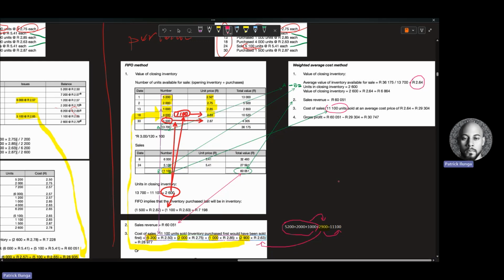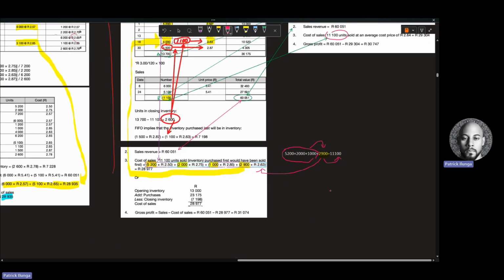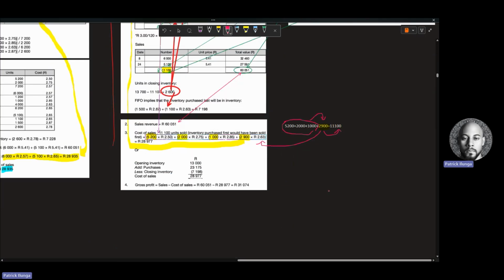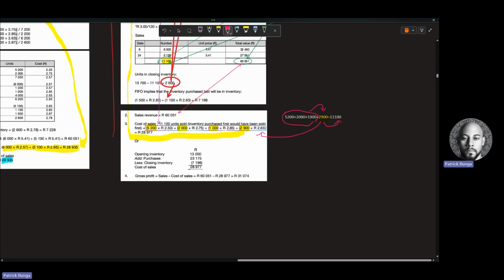So, ladies and gentlemen, that brings us to the end of this because we will have a total for the cost of sales. Once you have the cost of sales and your revenue, you take revenue minus cost of sales, which gives you your gross profit. Check it out, you will see that they are different.